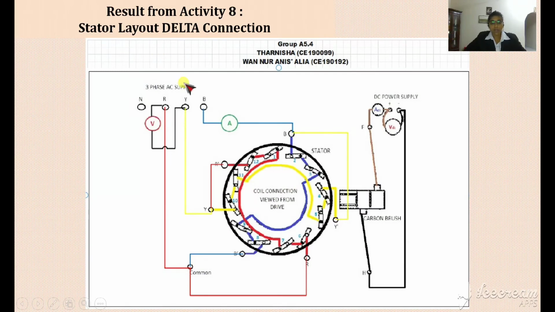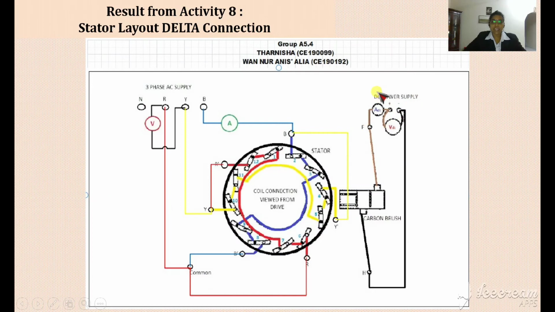The outgoing of the stator will be connected as the outgoing of the red phase to the yellow, while the outgoing of the yellow phase to the blue, and finally the outgoing of the blue to the red phase. So these are the changes in the stator connections, which are RY, YB, and BR.